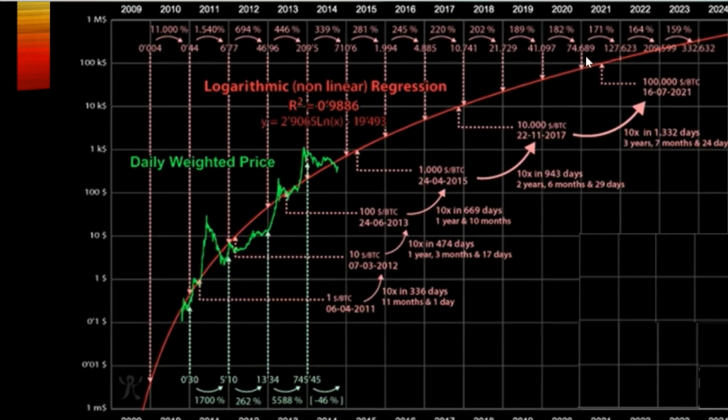Looking at this regression analysis, if you just wait in the long term, you look at the long-term directional bias, you'll find that the market will always reach higher and higher values. And the most astonishing thing about this chart is that this regression analysis predicted that when we reach 2021, Bitcoin would have a market cap of around 1 trillion.